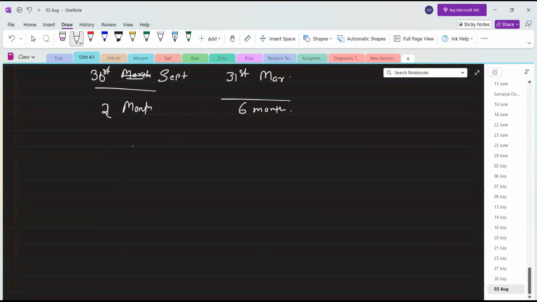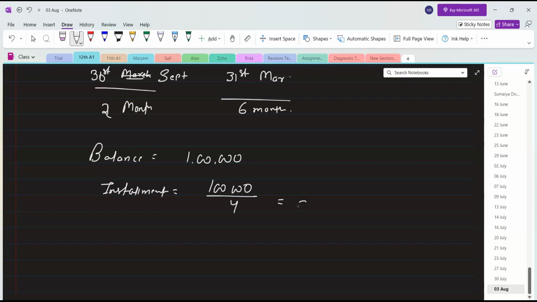Now the remaining balance is 1 lakh. There are four equal installments. 1 lakh divided by 4, it will be 25,000. So principal amount 25,000 will be included in every installment.